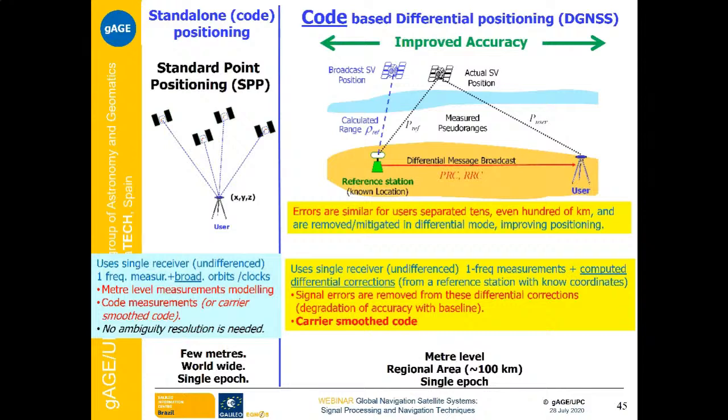There is a degradation with the baseline, as shown by my colleague in the experiment, and we use smoothed code, code measurements smoothed with carrier. As I commented, we can achieve meter or sub-meter level in a regional area and in single epoch.